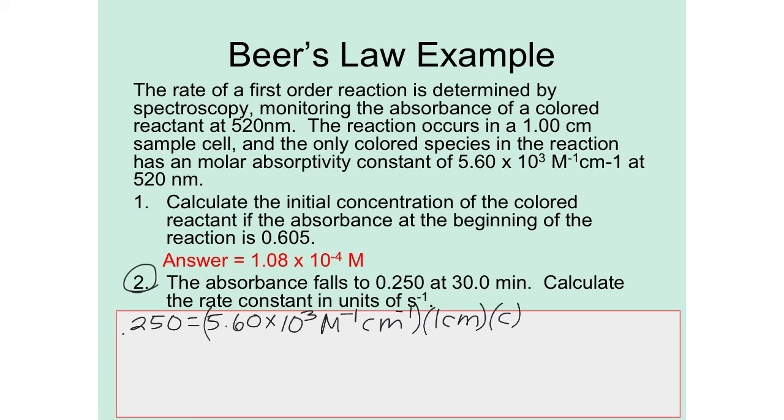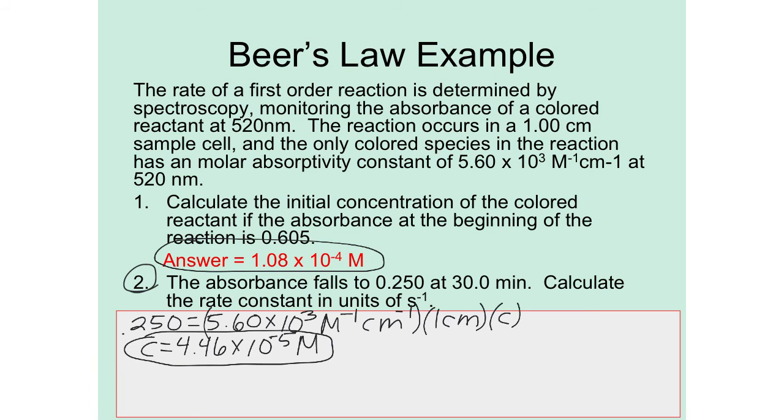So we plug that all into our calculator and we get a concentration of 4.46 times 10 to the negative fifth. So this is our original concentration. This is our concentration after the 30 minutes. It makes sense that it is lower.